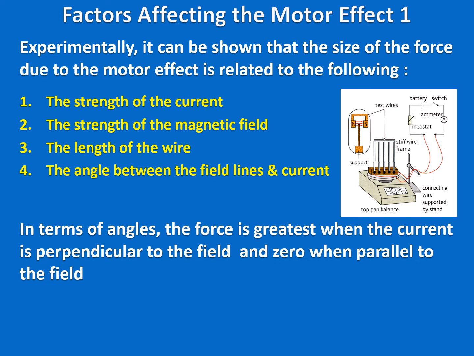The greatest force is when we have the current perpendicular to the field, and the force is 0 when the current and the field are parallel. So that's what we'll investigate. Obviously, it's harder to show this over this recording, but I'll show you in the lab so you can actually see this in practice.